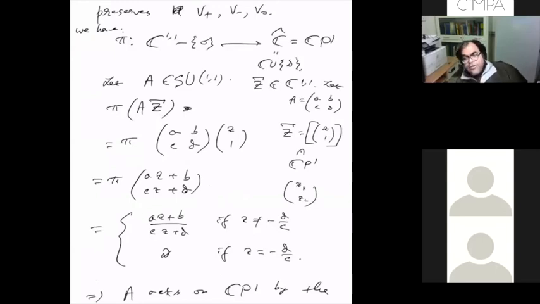It is possible to take determinant −1 matrices also, but in this case, the action will be slightly changed, where you have to replace z by z bar.